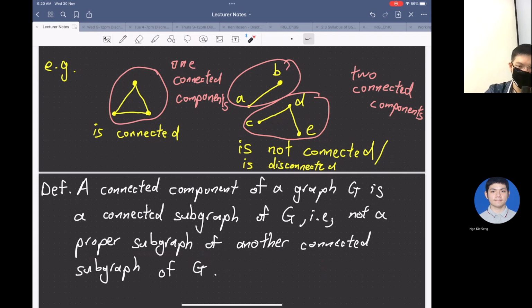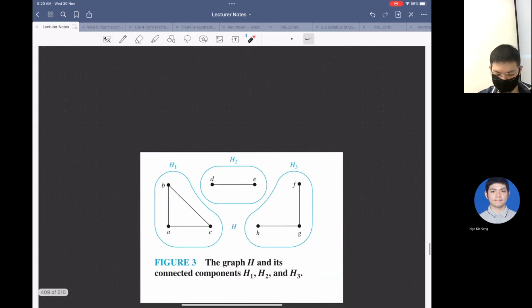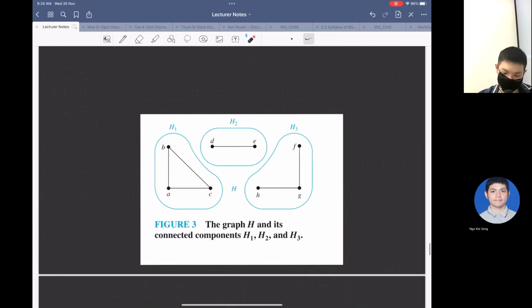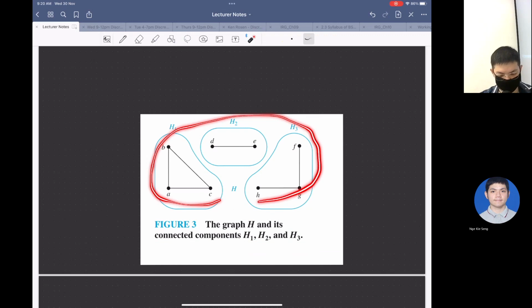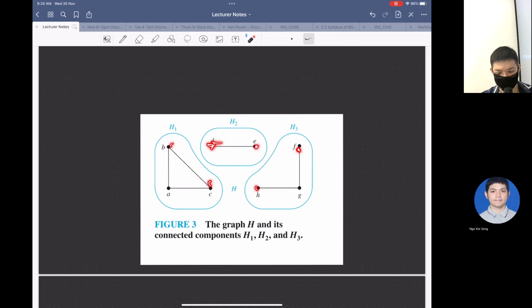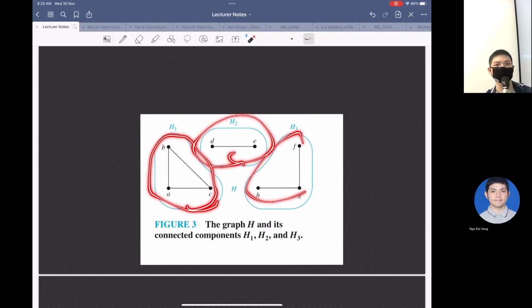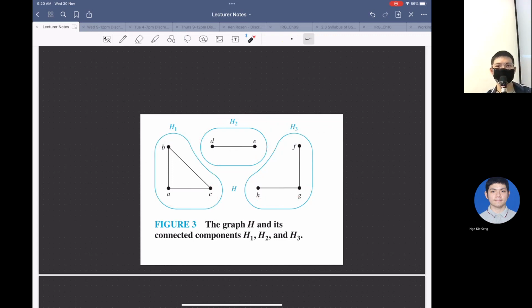This definition is to match your intuition. For example, in this case, this graph is not connected, because you cannot connect D to B, or D to C, or D to H, D to F. And then there are 3 connected components here.